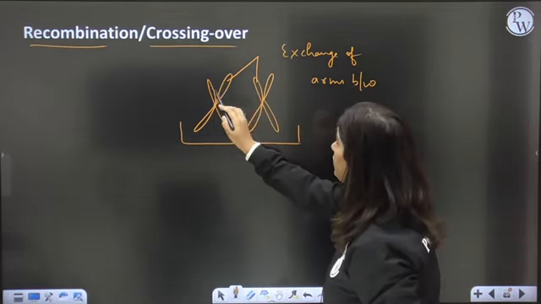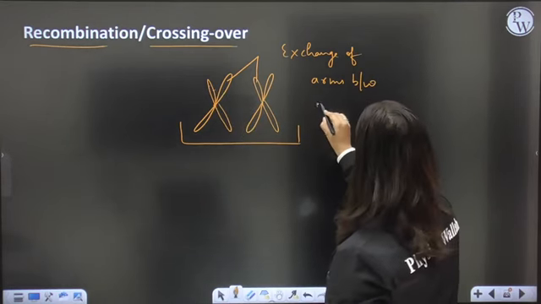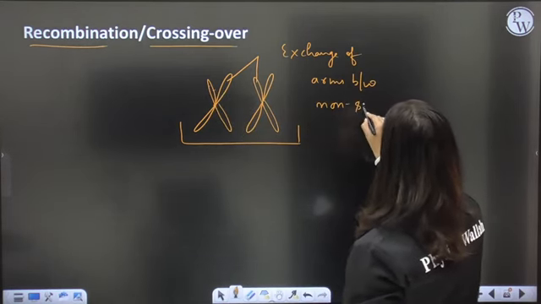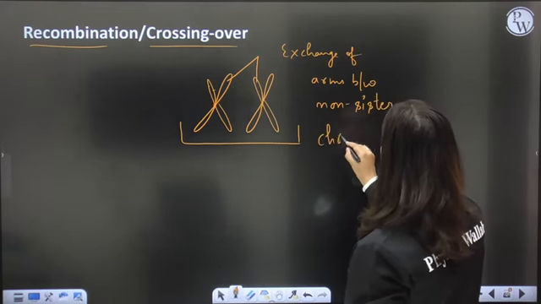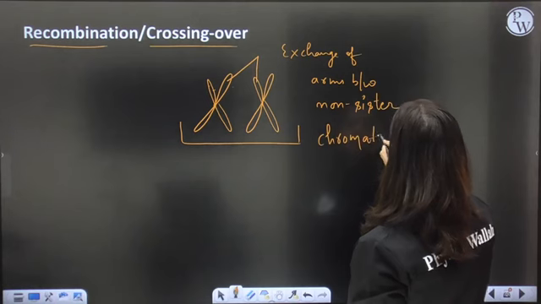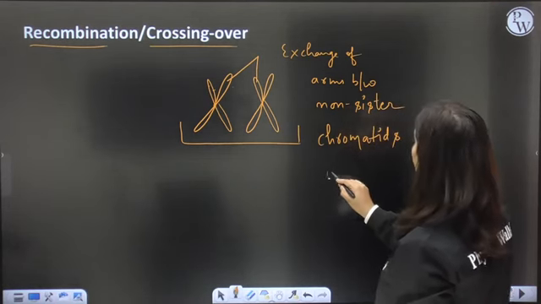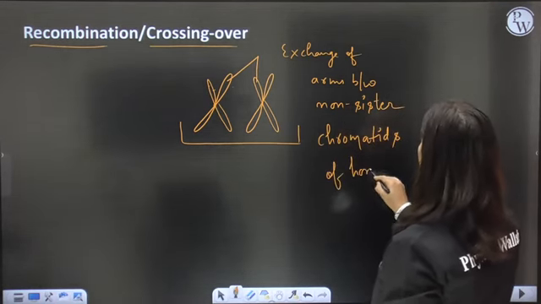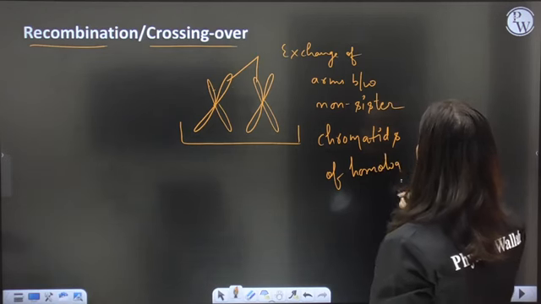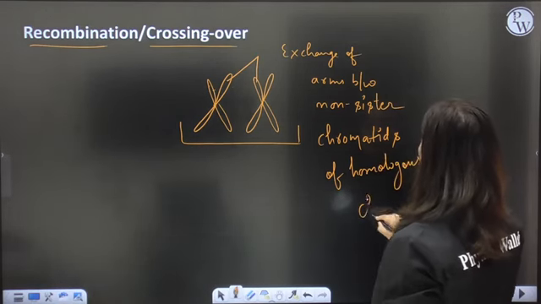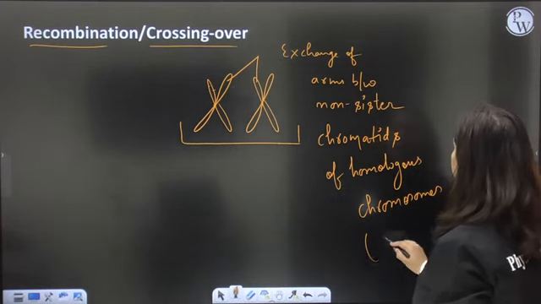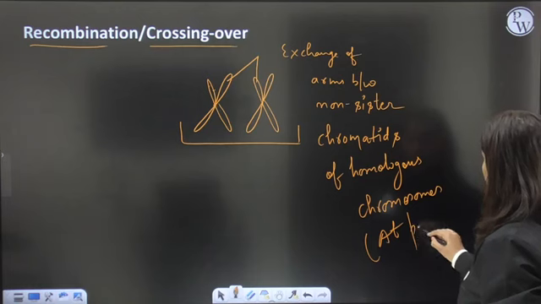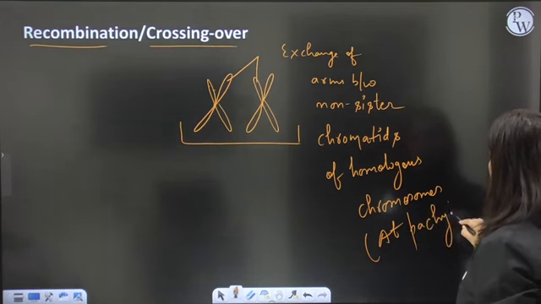These are the sister chromatids of the same chromosome, and these are the non-sister chromatids. Exchange of arms between non-sister chromatids of homologous chromosomes. Where does it occur? It occurs at pachytene of meiosis 1.